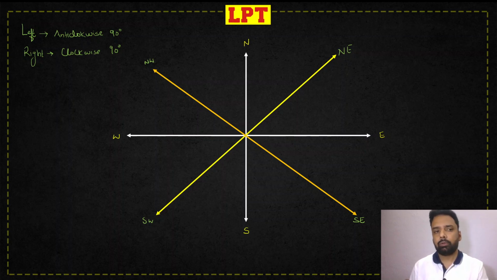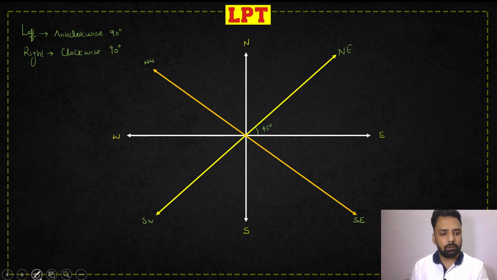Now left and right will be the same: left will be anti-clockwise, right will be clockwise. Generally this is 45 degree. These are inclined at an angle of 45 degree because the whole angle between north and east is 90 degree. So northeast is inclined at an angle of 45 degree.